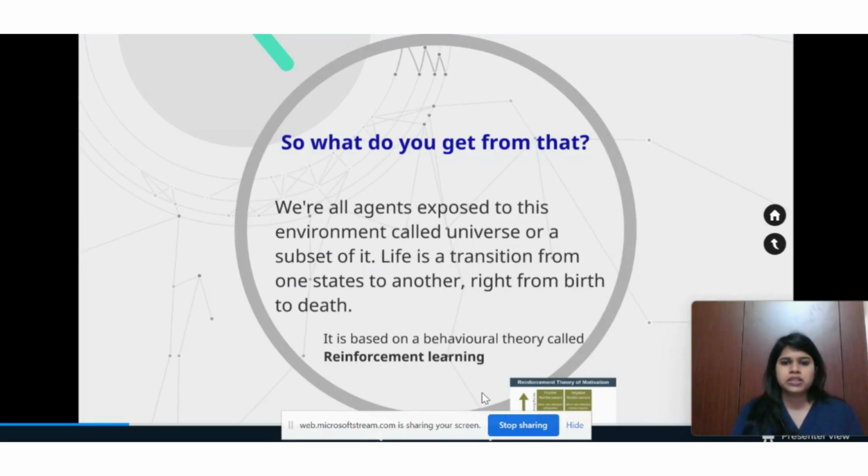In order to avoid the punishment, we follow the law. In order to get the rewards, we work hard. This is the same thing that the agent does in reinforcement learning, or in other terms, reinforcement learning is framed in the same way humans learn to do something.